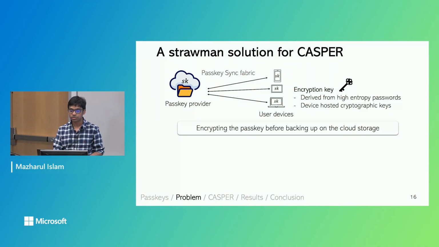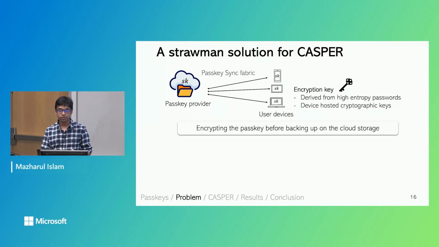So let's start with a strawman solution to see why this problem is very interesting. Let's say that to protect users' passkey, before uploading the passkey to the cloud storage, we will encrypt it. Once the attacker gets access to the cloud storage, they will only see the encrypted passkey.